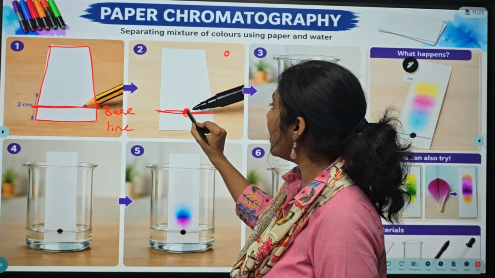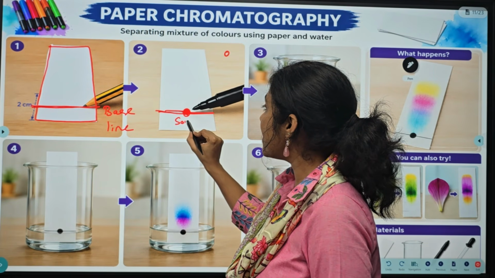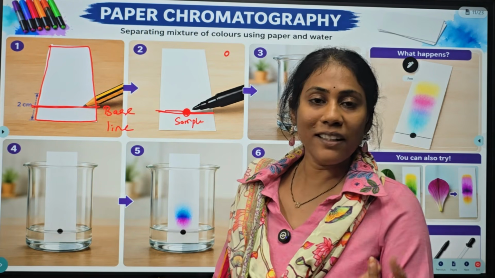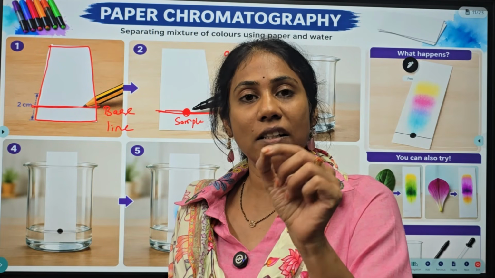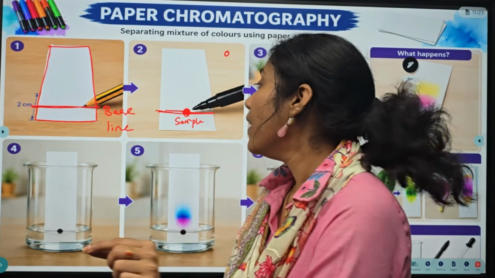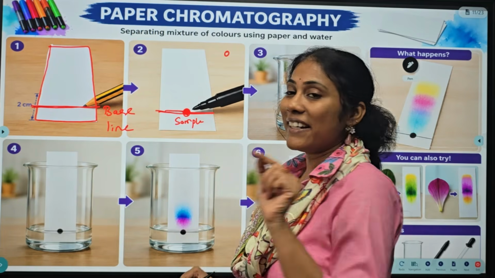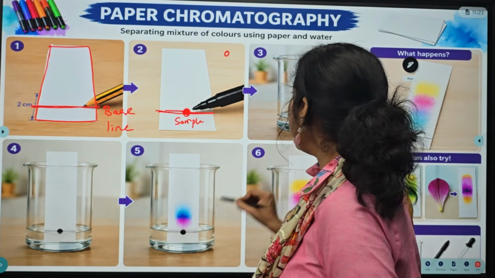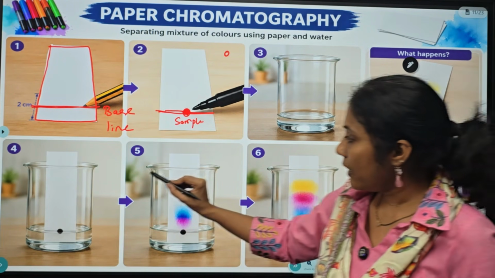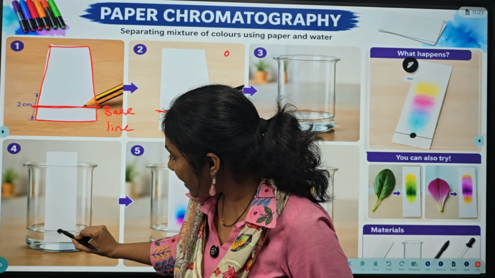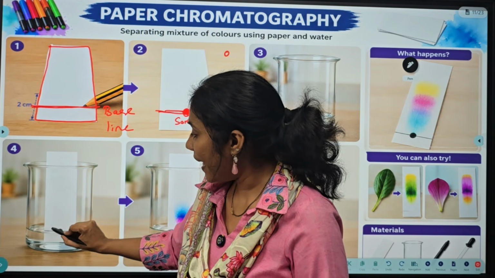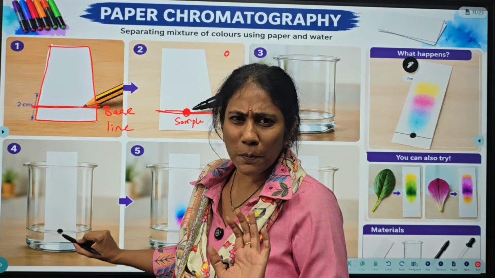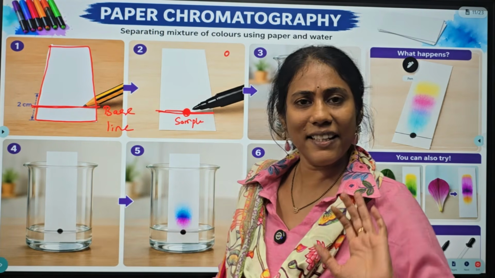Now this sample is just a drop of liquid, that mixture of colors in liquid form, which we have introduced right at the center of the baseline. Just 1 or 2 drops of sample at the center is enough.